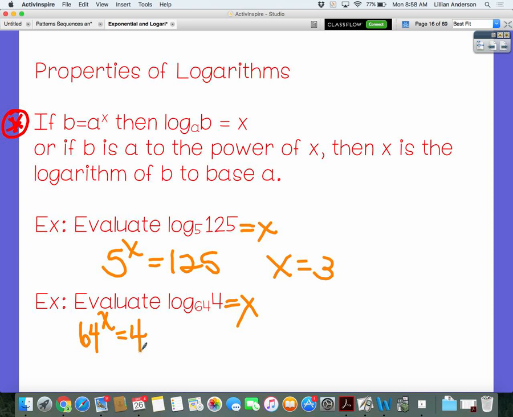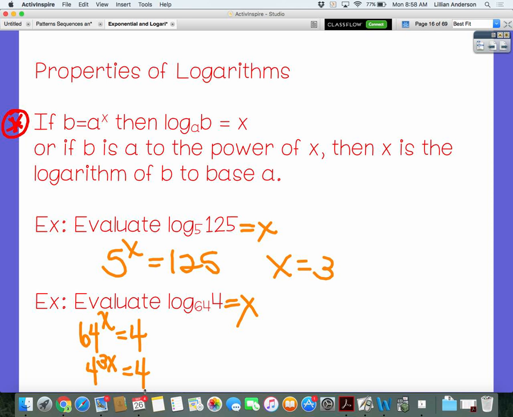Now this one, you might not be able to recognize right off the gate. Does anyone know? That's okay, then default back to what you did for your homework. How can you rewrite 64 so that it has the same base as 4? 4 cubed, you still have an x there, and that equals 4.